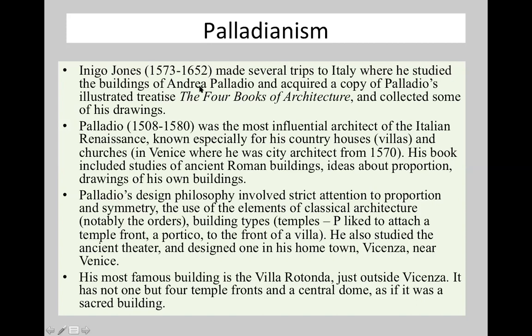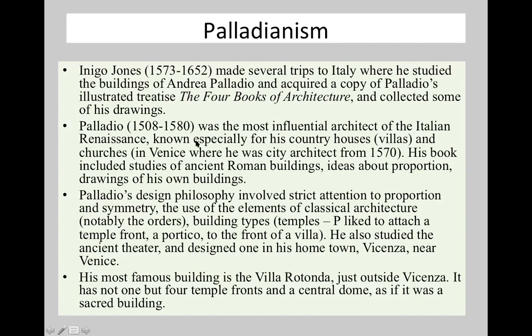So Jones goes there, he buys a copy of Palladio's treatise, which is called The Four Books of Architecture. He carries it around with him, and when he goes to many of Palladio's buildings, he makes notes in his copy of this book.